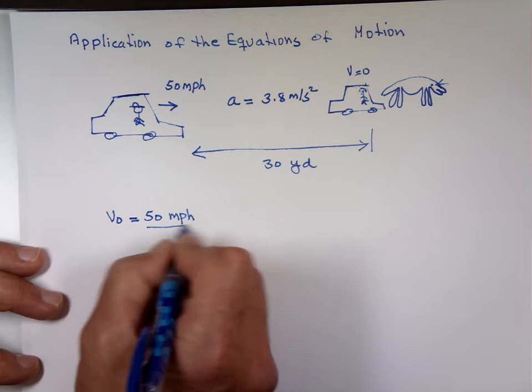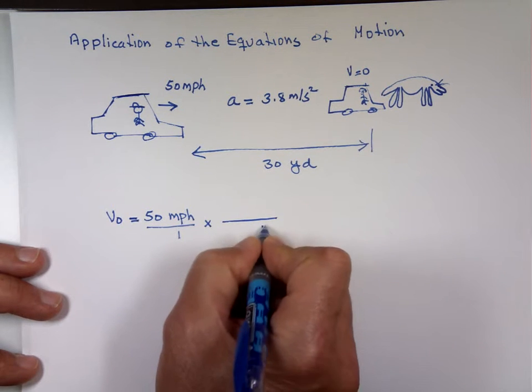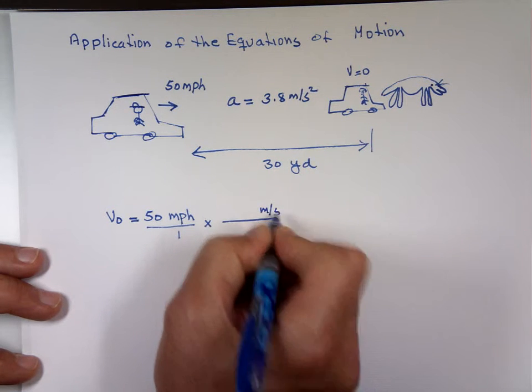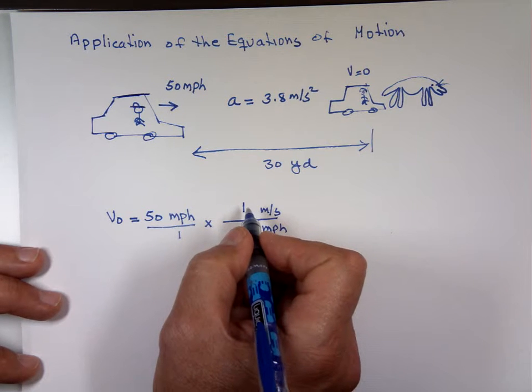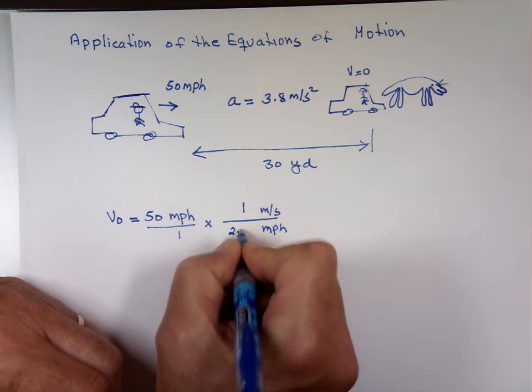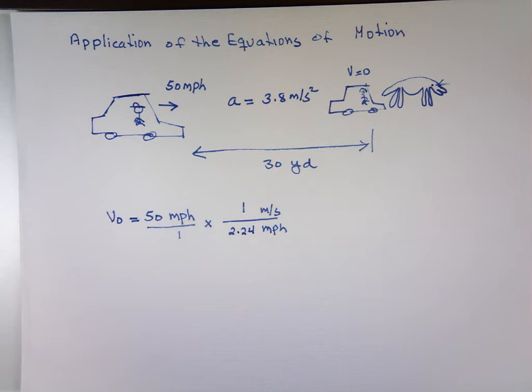To convert from miles per hour to meters per second, what do we do? On that cheat sheet I gave you yesterday, 1 meter per second is 2.24 miles per hour. Yes.